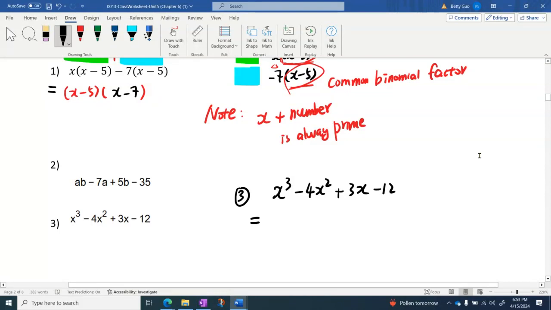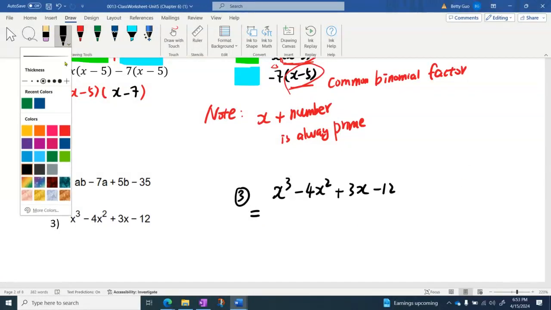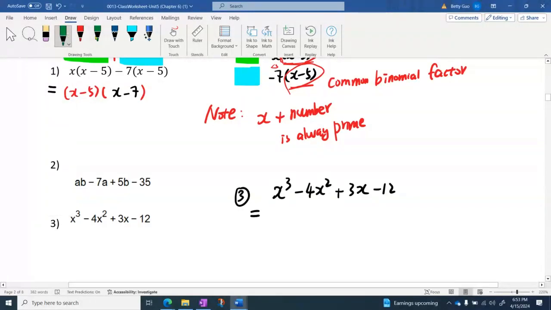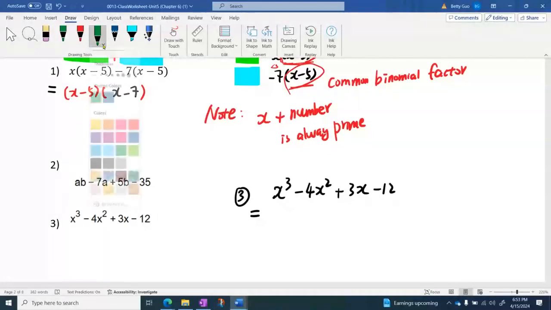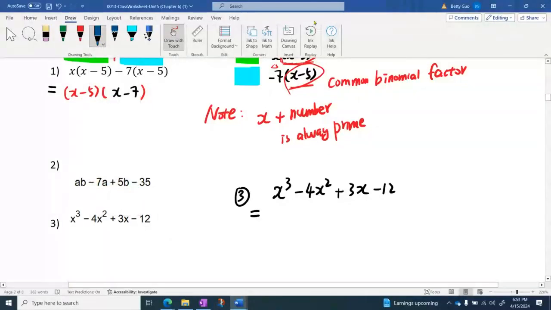I'm pretty sure that in this class, you could always group the first 2 together and then group the last 2 together. It should always work. If not, let me know. I think all the questions we see should work. So I'm going to use 2 different colors, green and blue.